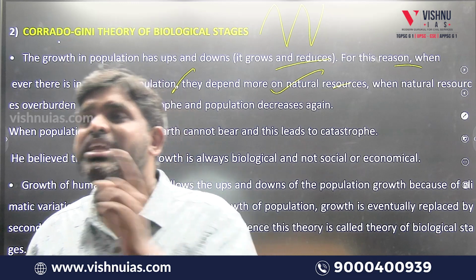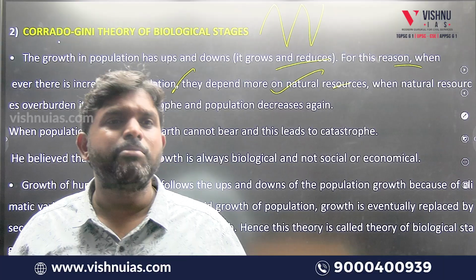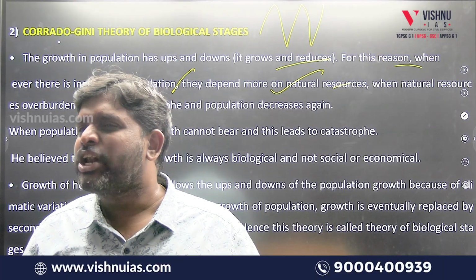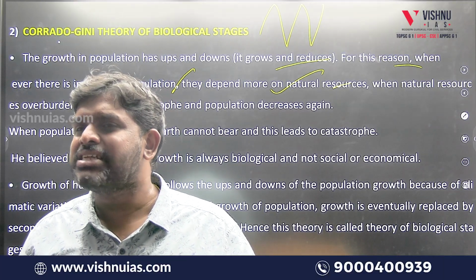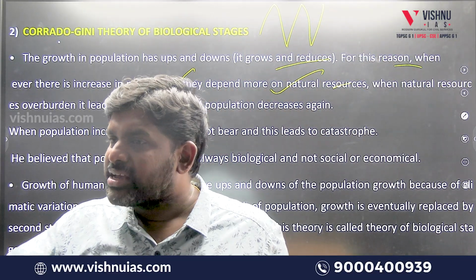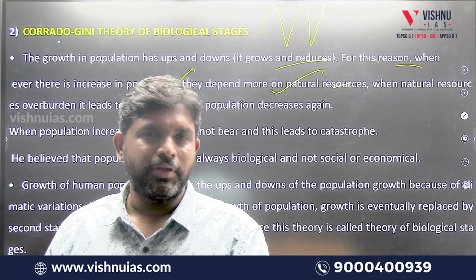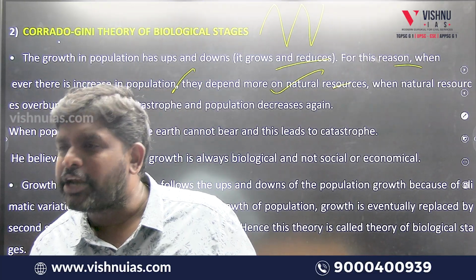This demand on the natural resources will lead to collapse whenever there is over-dependence. So over-dependence on nature for natural resources results in catastrophe. A very big catastrophe comes and a significant population will die. So suddenly the population reduced.